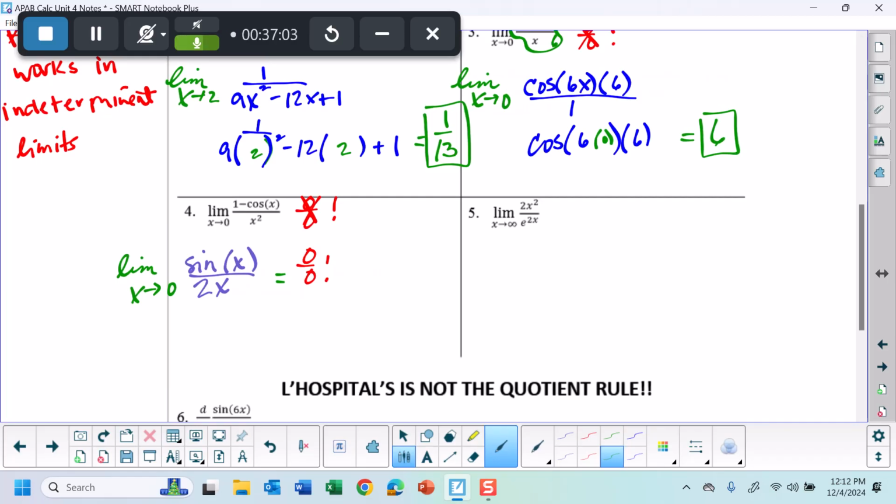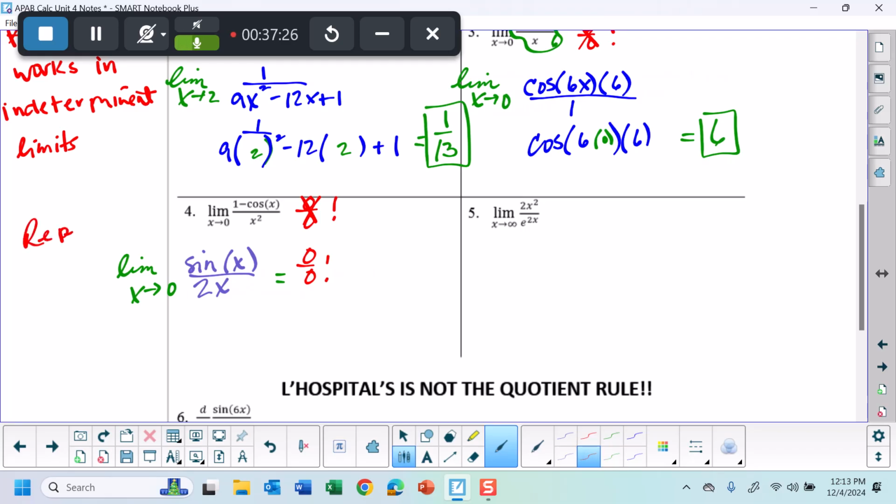When I go to plug in, notice when I put 0 into the sine of x over 2 times 0, I still get an indeterminate form. And you're like, what the heck? That's a stupid shortcut. It doesn't work. Sure it does. You get to do it again and again and again. It's like the shampoo bottle that says lather, rinse, repeat.